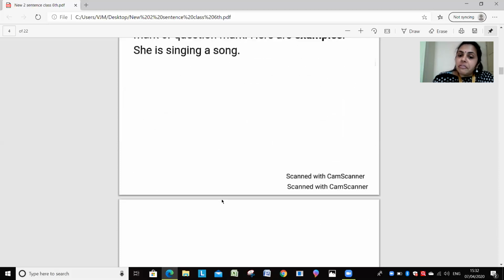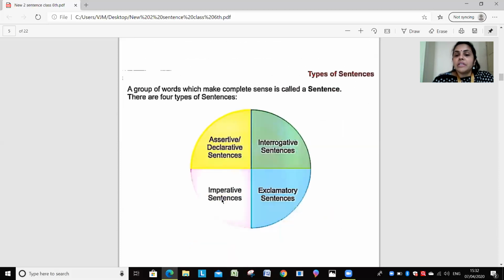Now we dig further, and what happens? What do we find? That sentence has 4 types. Basically, sentence has 5 types, but majorly we study 4, and those are assertive or declarative sentences, interrogative sentences, imperative sentences, and exclamatory sentences.